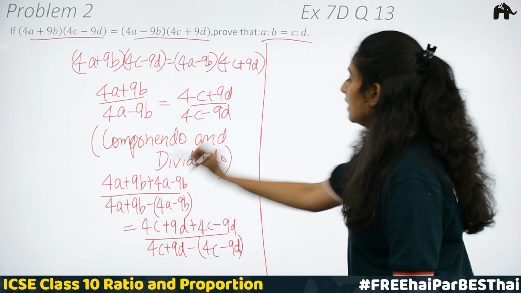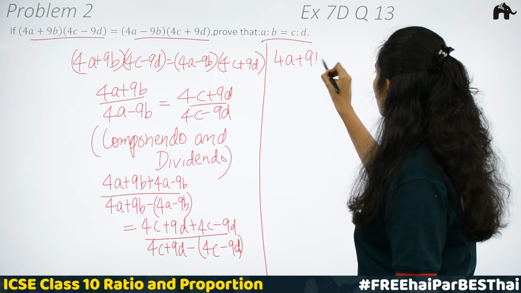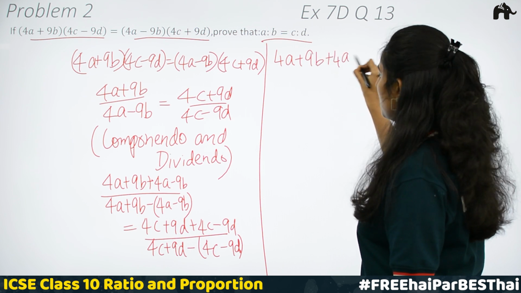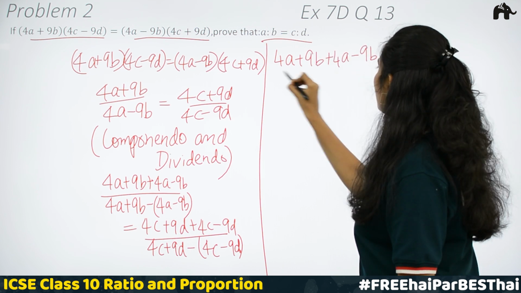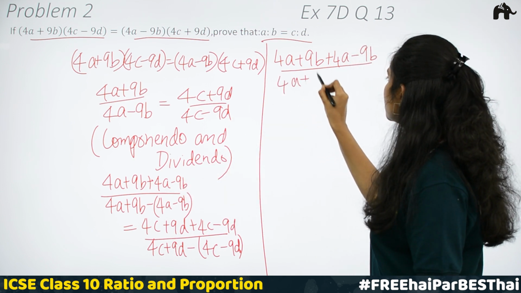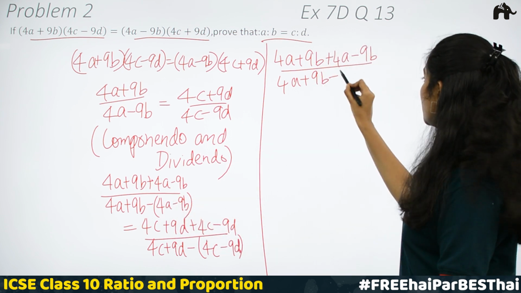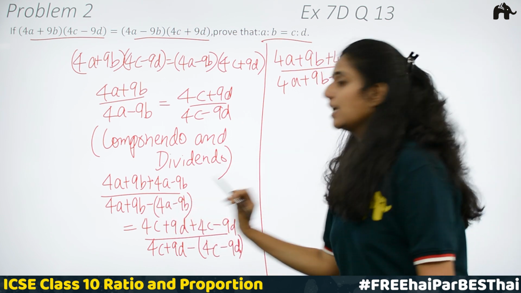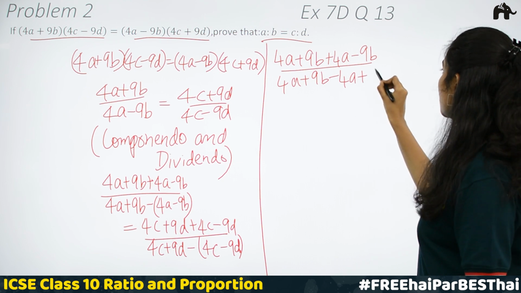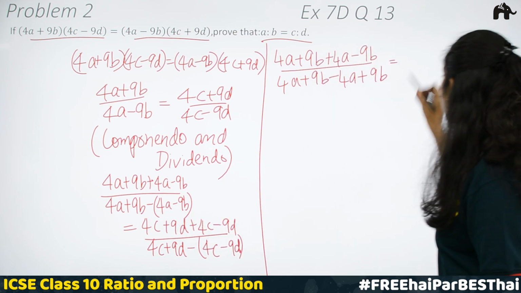Okay. In the LHS we have 4a + 9b + 4a − 9b divided by 4a + 9b, this becomes minus 4a, minus of minus is plus, plus 9b. That is equal to RHS.